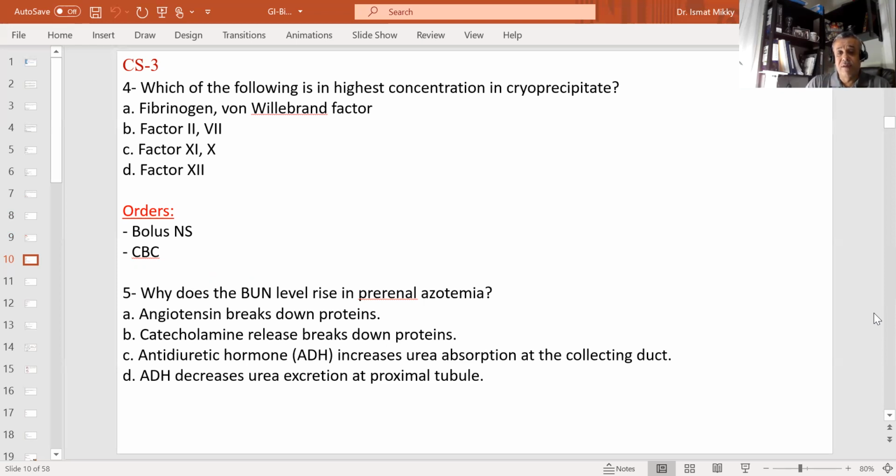So factor 8 will be for hemophilia. Cryoprecipitate is a pooled product, and pooled products transmit more viruses.